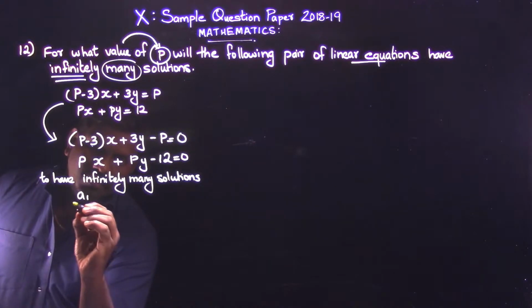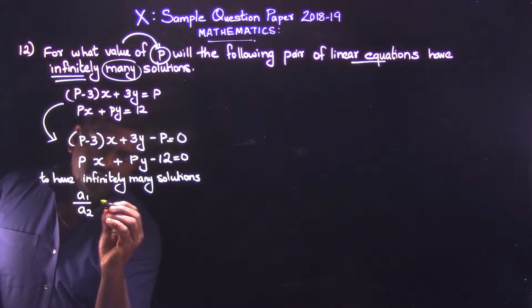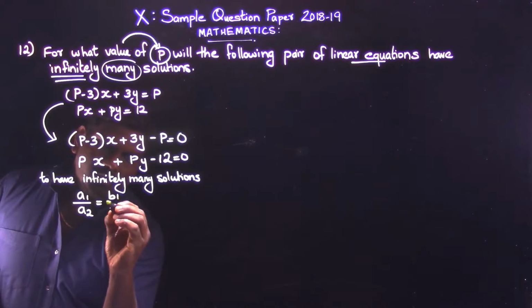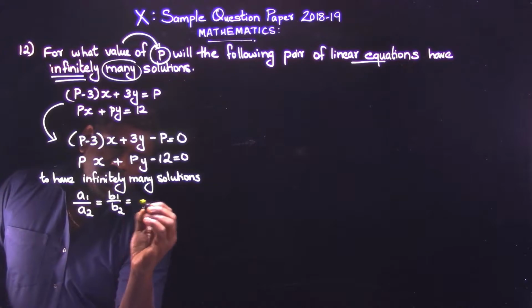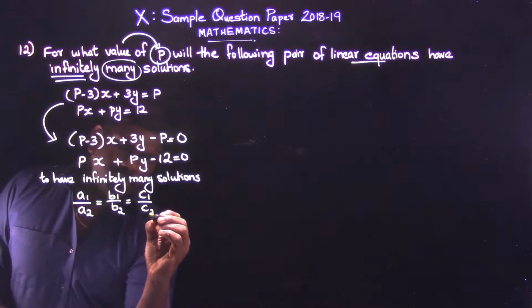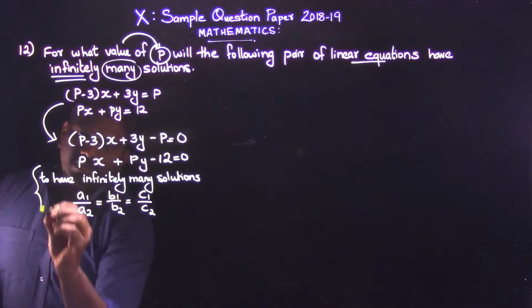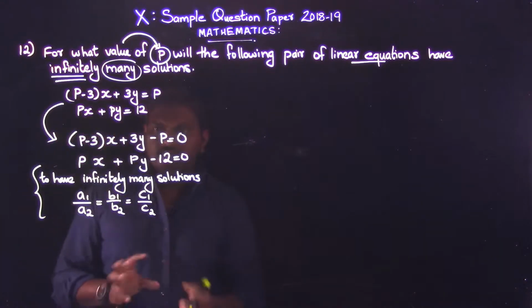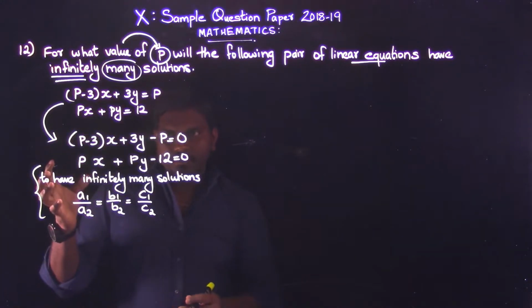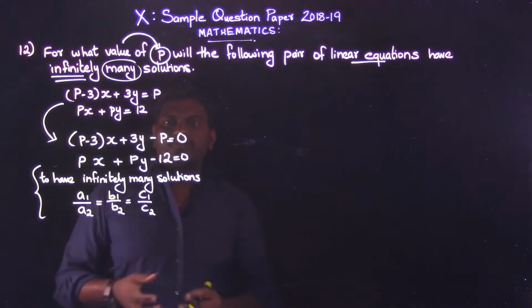A1 by A2 is equal to B1 by B2 is equal to C1 by C2. So this must be satisfied in order to get infinitely many solutions here.